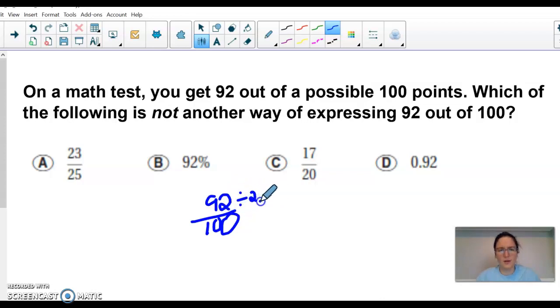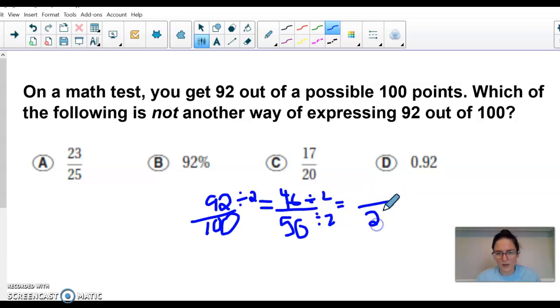If I divide each by 2, that's 46 out of 50. And they're both even again, so I'm going to divide by 2. And that's 23 out of 25.